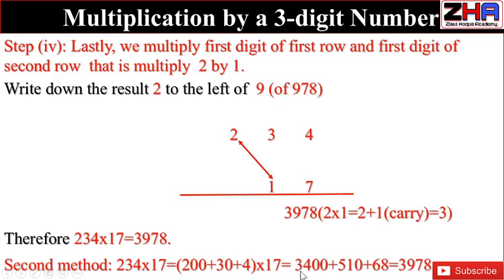If you multiply separately, then we get 3400 plus 30 into 17, this is 510, plus 4 into 17, this is 68. If we add together, then we will get 3978.